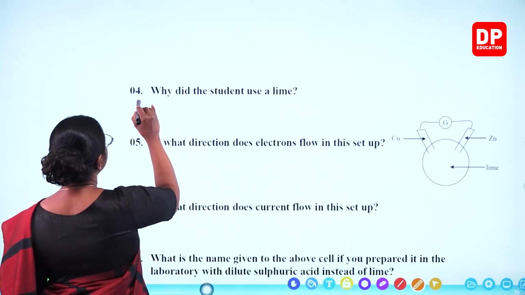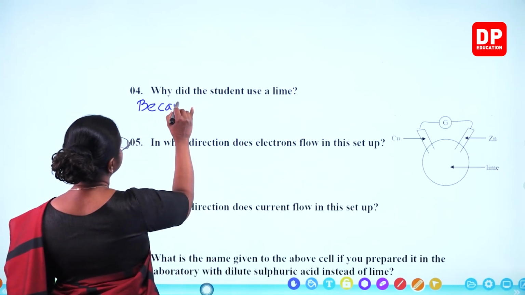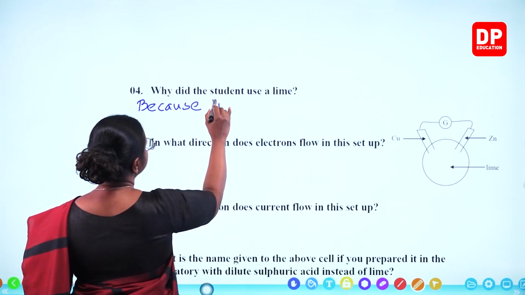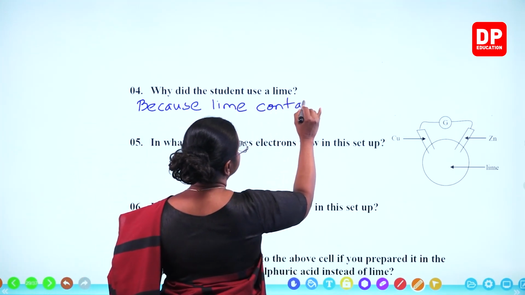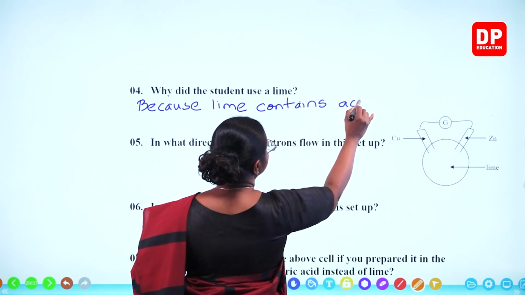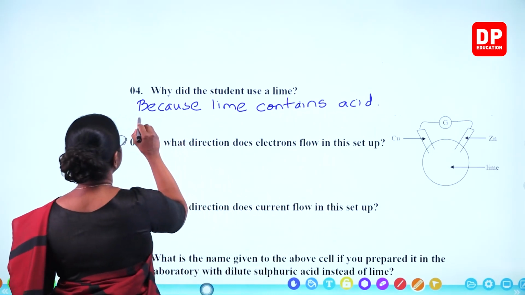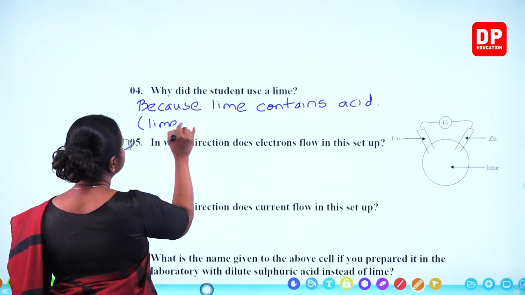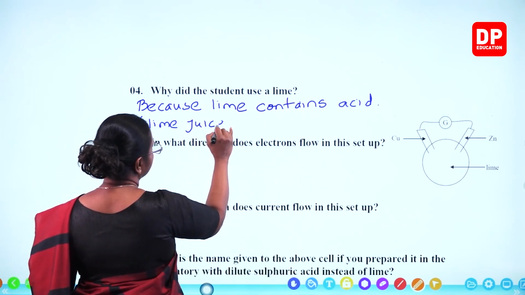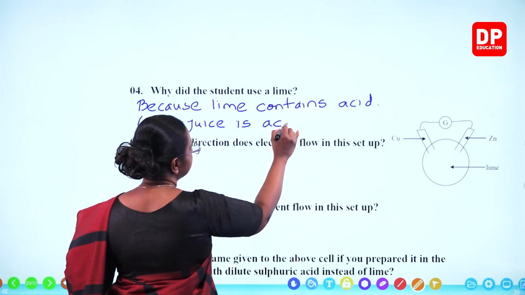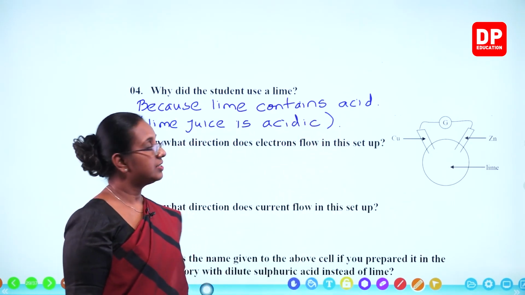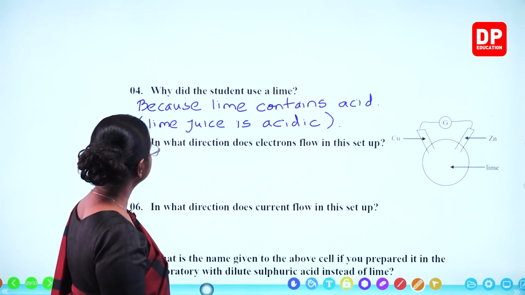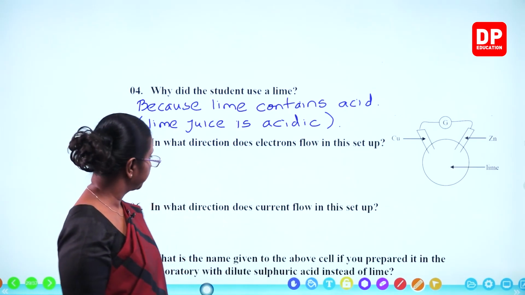Or we can say, because lime contains acid. Or you can say, lime juice is acidic. You can write it any way, it is fine, because lime contains acid or lime juice is acidic.